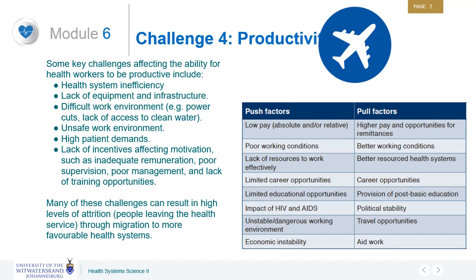We can also see that the impact of certain diseases have had a strong bearing on the effectiveness of the health workforce. For example, a push factor could be factors associated with HIV and AIDS or political instability.